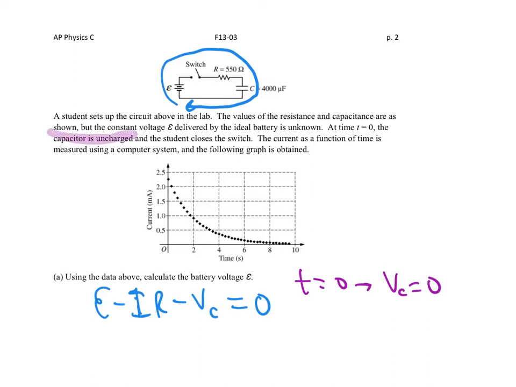So the moment I care about, we have the EMF minus the initial current times the resistance equals 0, or the EMF equals the initial current times the resistance.